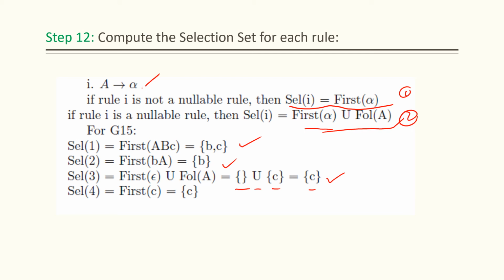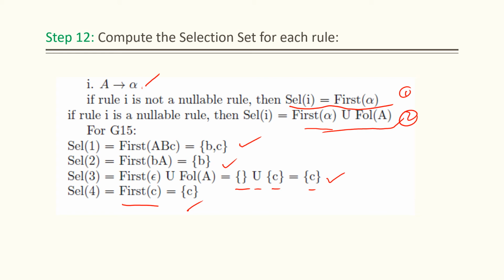For rule number 4, the selection set is the first of C, which is C. So this is the result, the output of the selection sets for grammar G15 LL1.